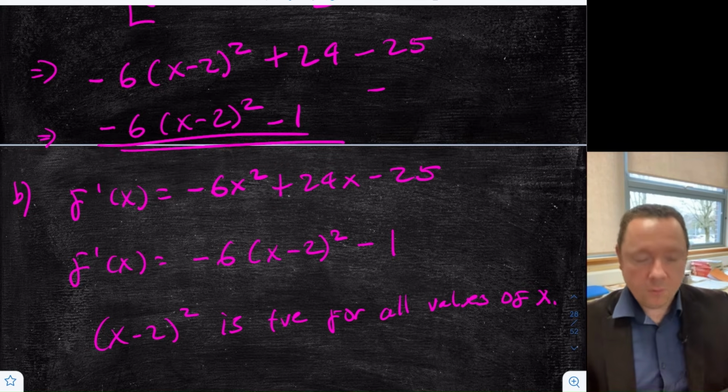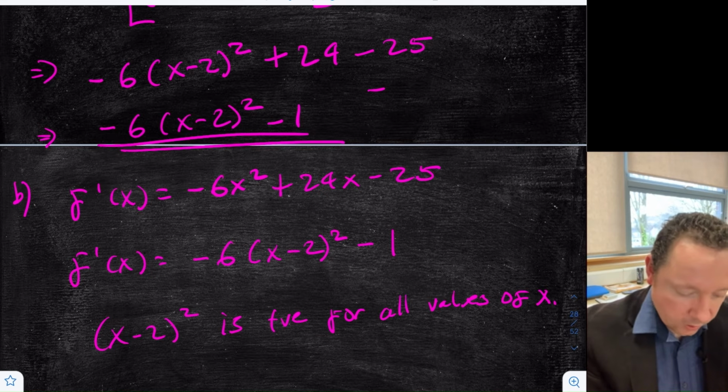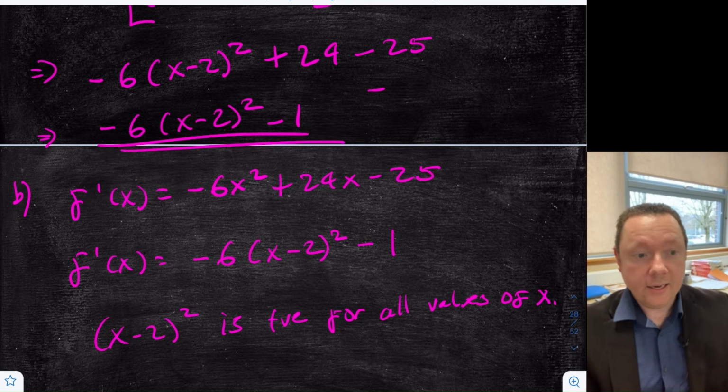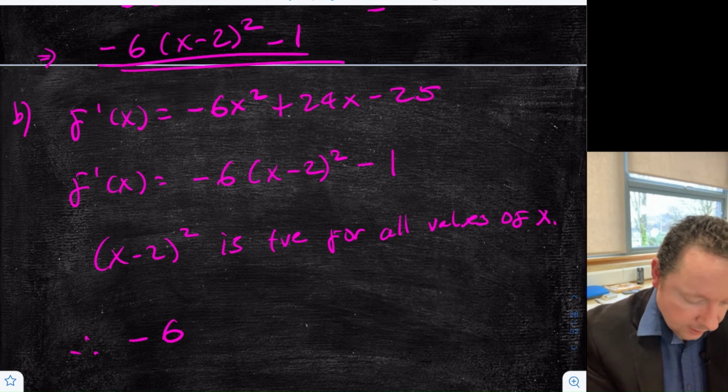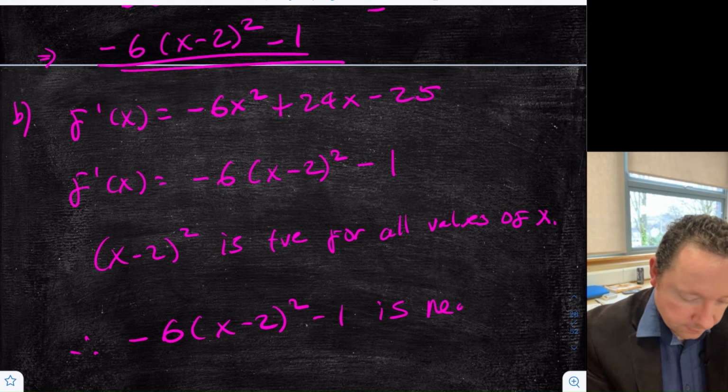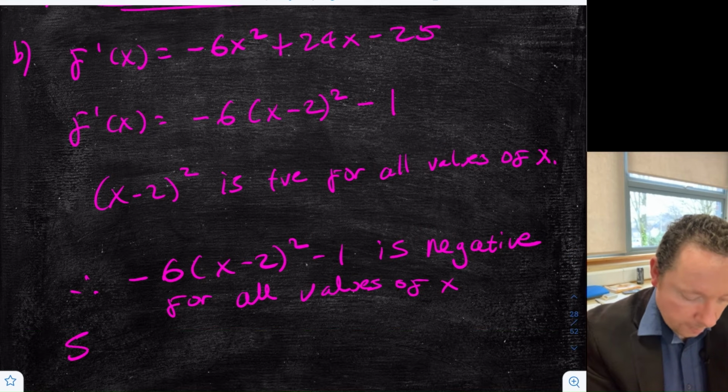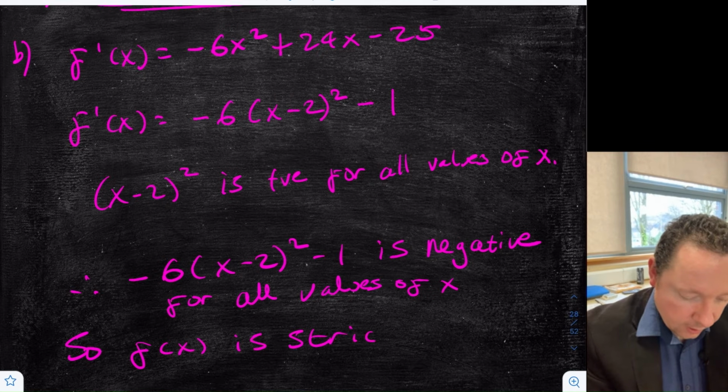And that means that when I've got a positive times a negative is a negative. Take away another one, gives me a negative as well. So all I need to then say is, therefore, minus 6 times x minus 2 squared, minus 1 is negative for all values of x. So f of x is strictly decreasing.